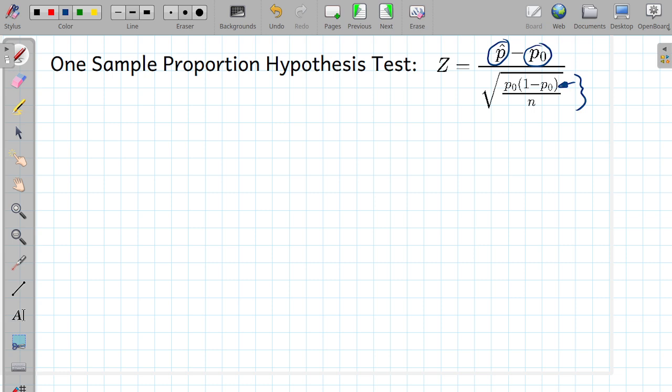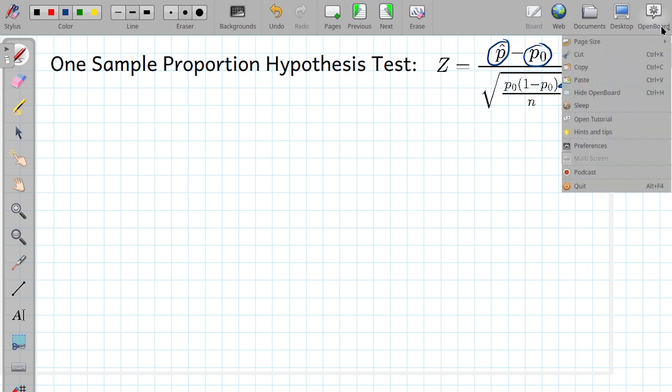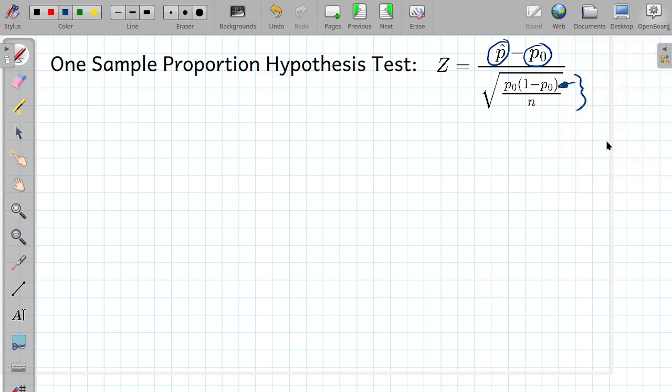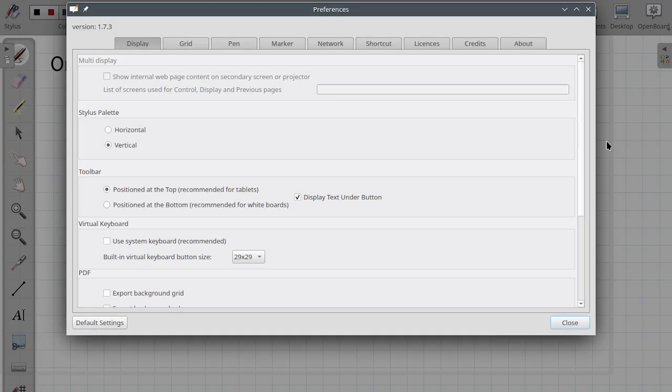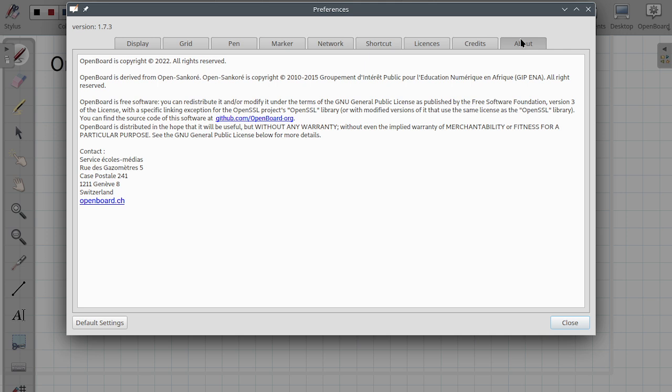If I'm not mistaken, let's take a look at OpenBoard here for a minute, because I believe this is a Swiss project. Come on, give me that. Okay, why aren't you going there? There we go. Geneva, Switzerland, openboard.ch.